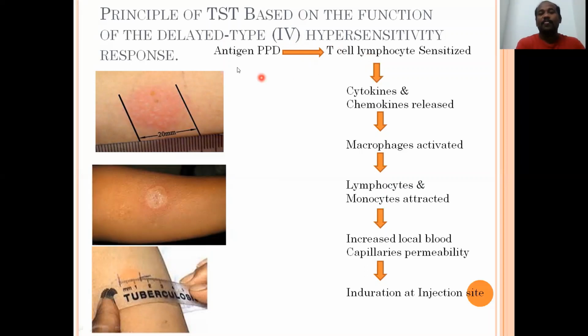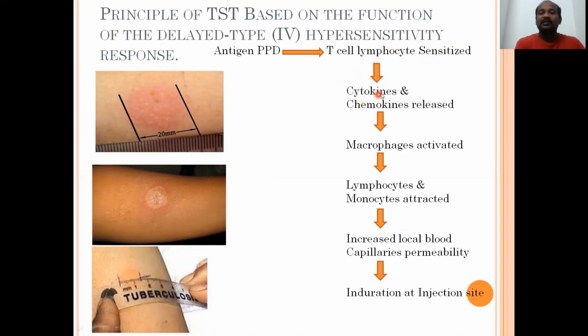In this case, when we inject the antigen of purified protein derivative into the individual, the immunological response gets stimulated and the T lymphocyte cells get sensitized. After sensitization of the T lymphocytes, or helper T cells, it will promote the release of cytokines and chemokines.